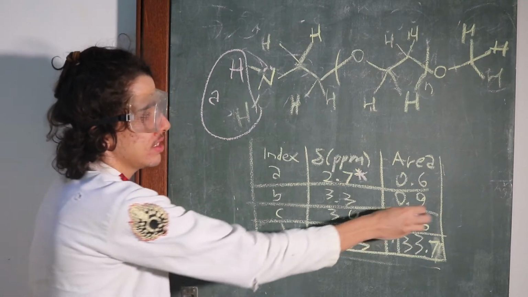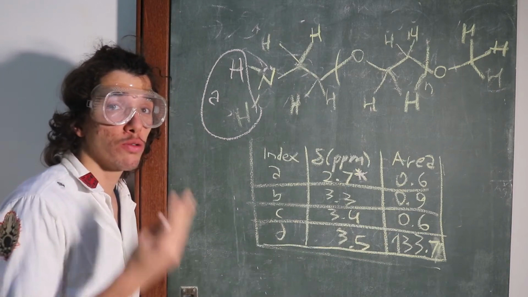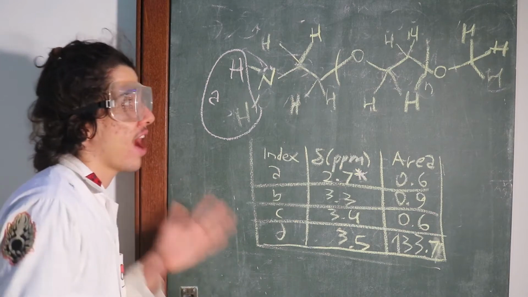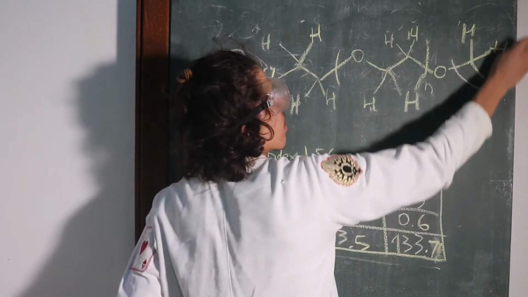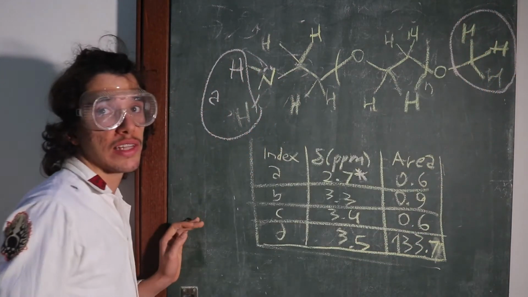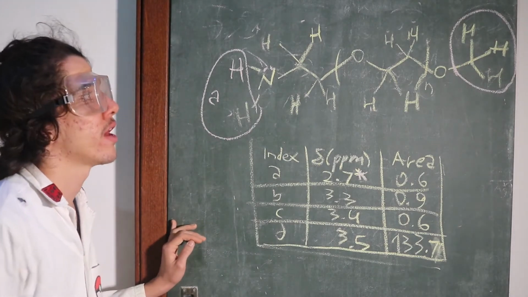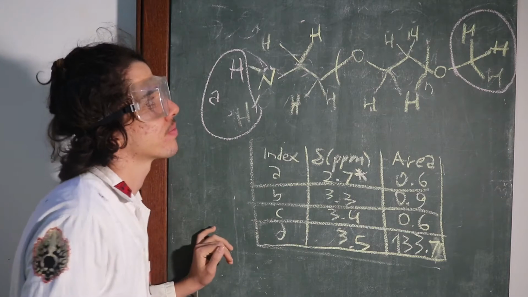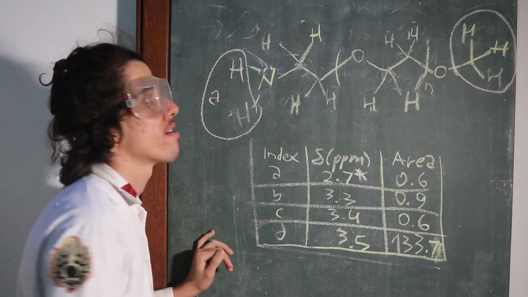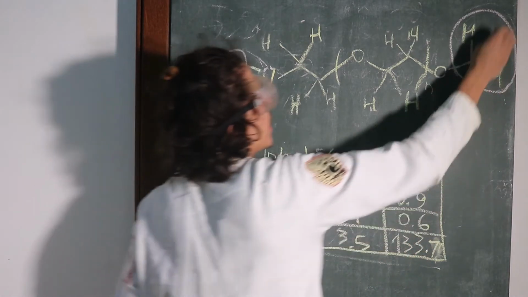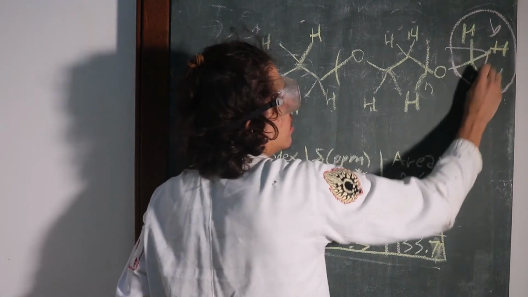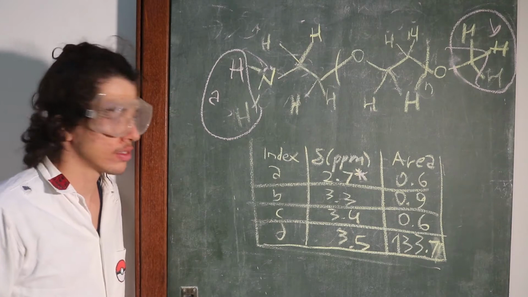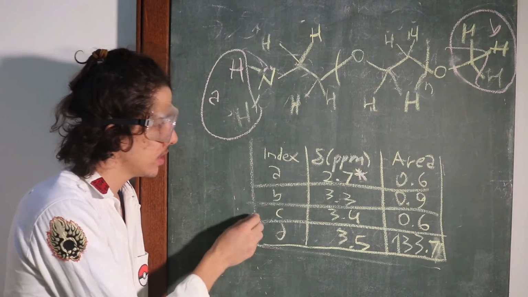Then these 0.9 correspond to 3 hydrogens. If it corresponds to 3 hydrogens, then that place on our molecule can only be this little group there. Then B is here, these hydrogens. Okay, next one, C.